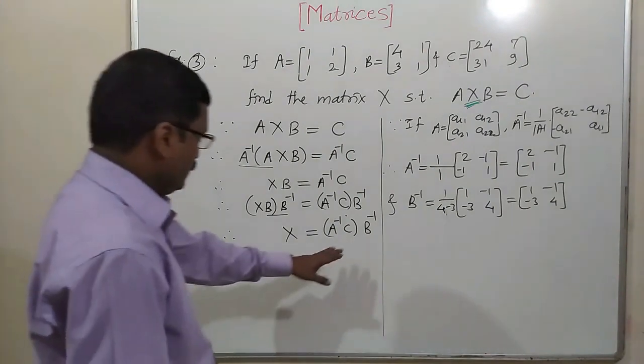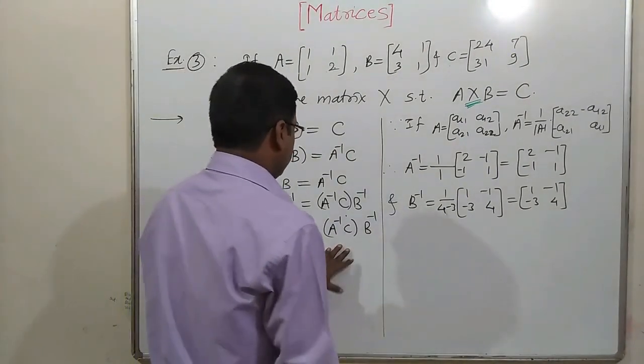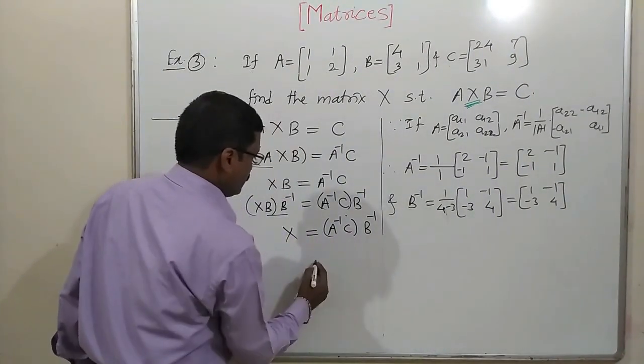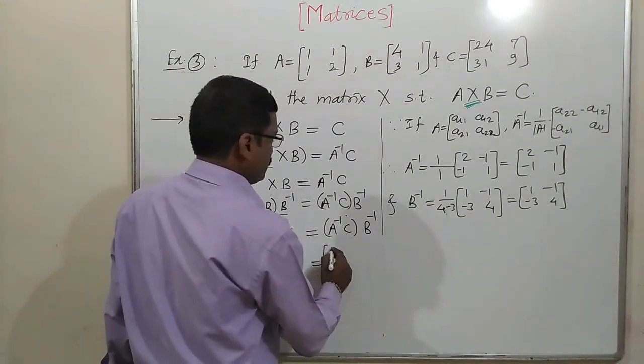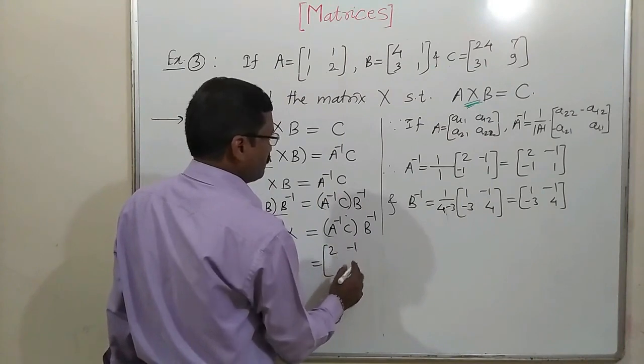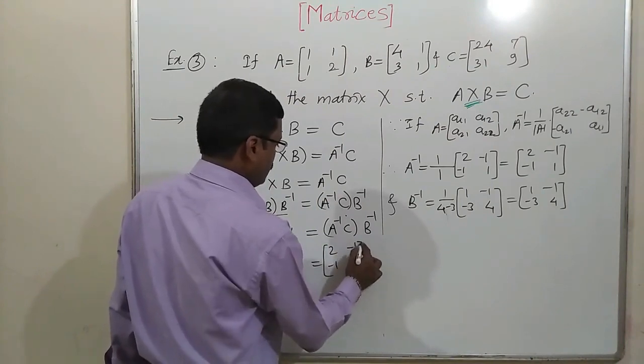Now we need these multiplications. So X is equal to A inverse C. A inverse is 2 minus 1 minus 1 1.